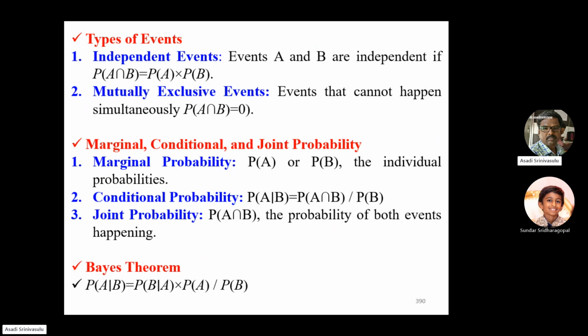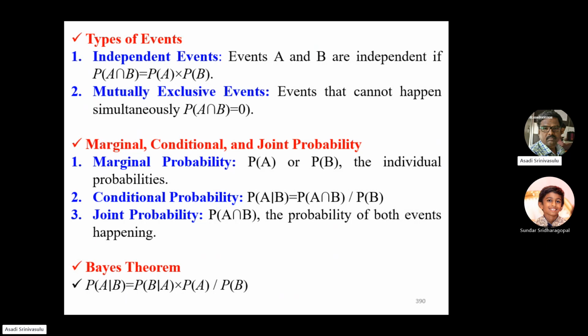Independent events are nothing but events A and B are independent if P(A intersection B) = P(A) multiplied by P(B). Then mutually exclusive events are events that cannot happen simultaneously, P(A intersection B) = 0. If you see marginal, conditional and joint probability, we have three types.